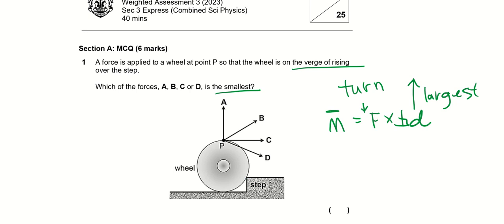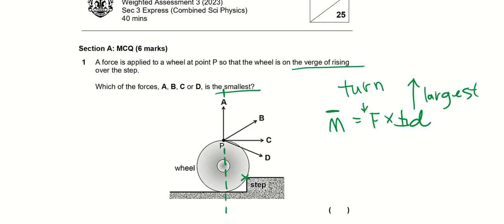Firstly, determine where the pivot is. The pivot is over here. Then, since there are 4 forces, we need to determine 4 perpendicular distances from their lines of action. How do we draw the line of action of the force? For A, just take a ruler and extend.